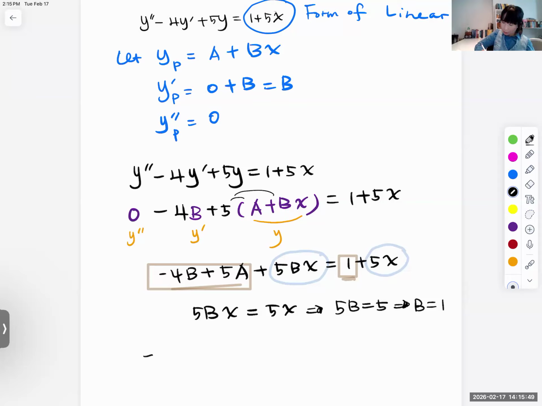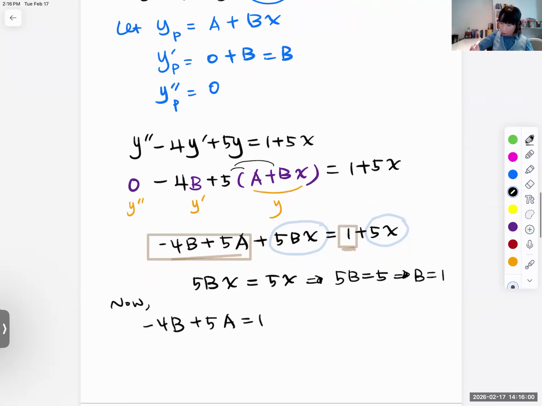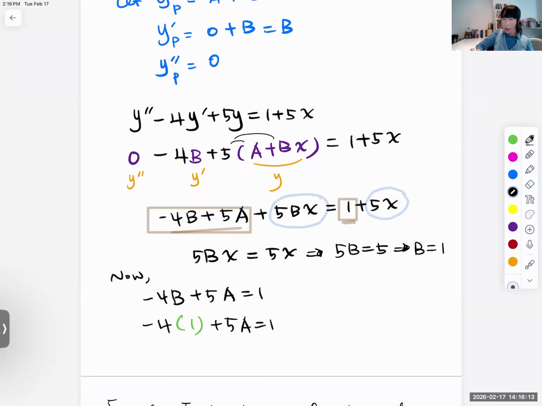How about the constant term? We have negative 4b plus 5a equal to 1, right? Okay, then b equal to 1, so we have negative 4 times 1 plus 5a equal to 1, and solve for a, right?